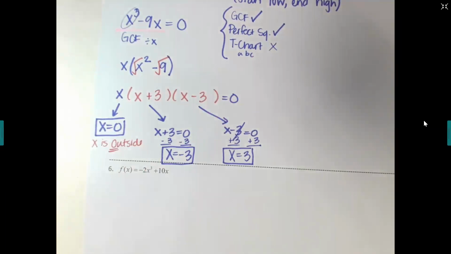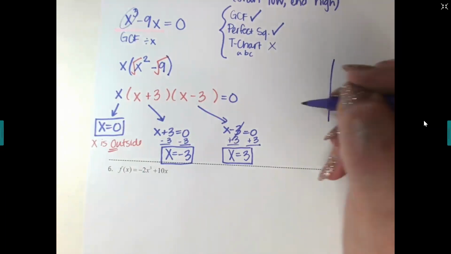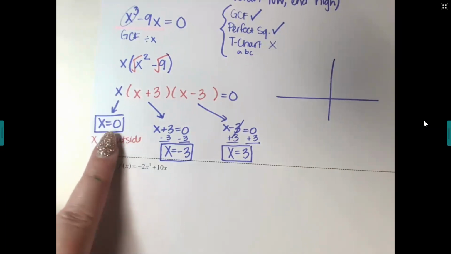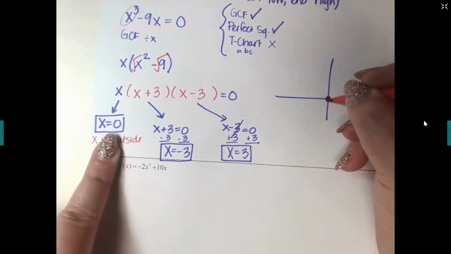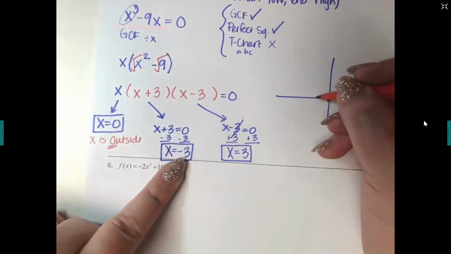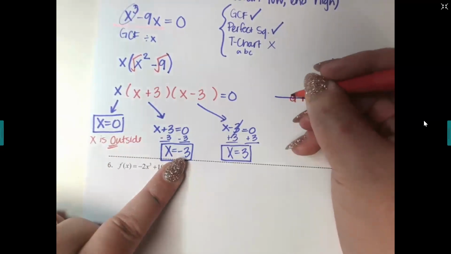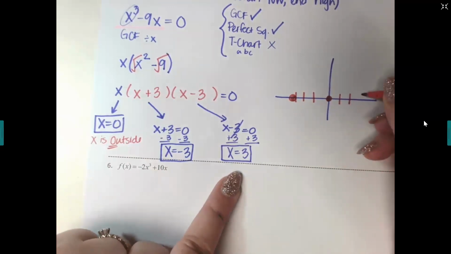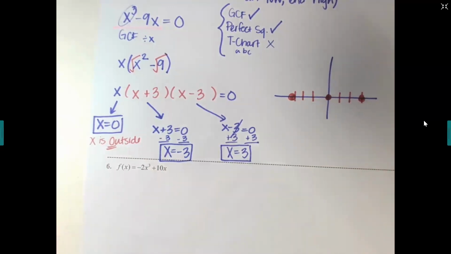All right, let's sketch the graph. So set it up right here. I know that my graph is going to hit the x-axis in 3 different places. The first one is going to hit at 0. Another place it's going to hit is at negative 3. And then another place that it's going to hit is positive 3.